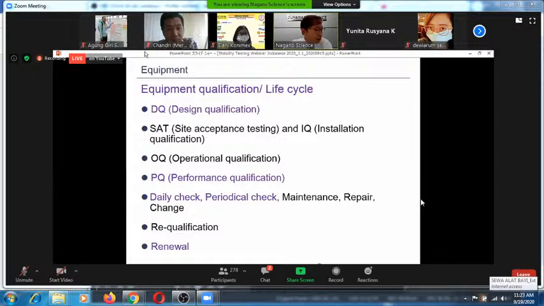What is important for the equipment is you have to think about the equipment qualification and the equipment life cycle. It is starting with DQ, design qualification, and goes to SAT, site acceptance testing, and IQ, installation qualification.